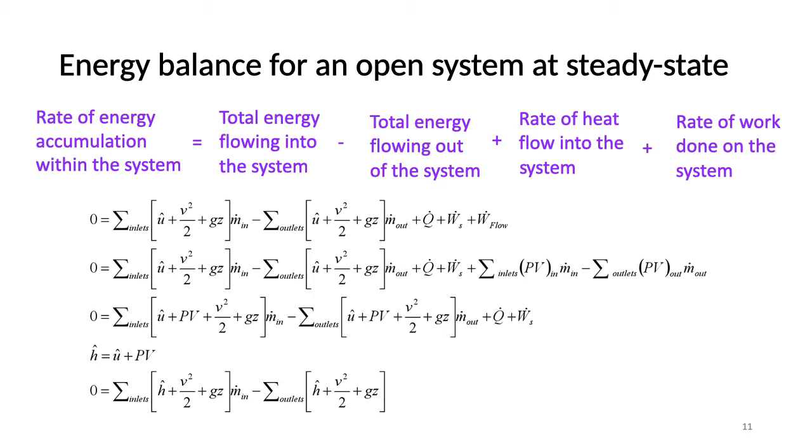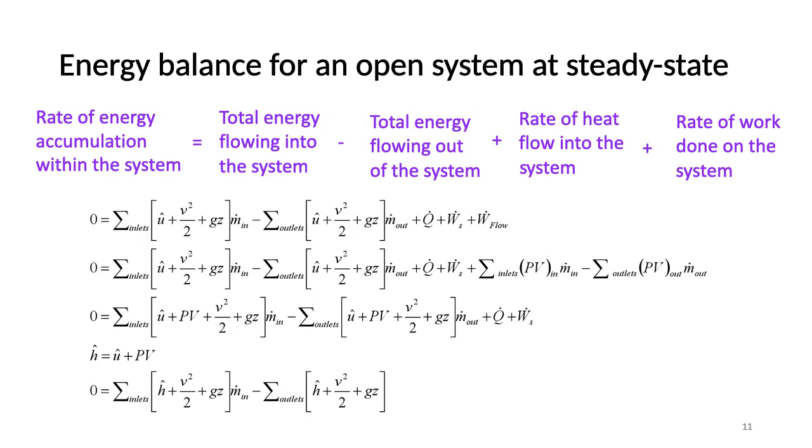Energy balance for an open system at steady state. What happens if the two mass flow rates are equal? Then there will be no mass accumulation within the system and it will be in steady state condition. So the energy accumulation term will go to zero.